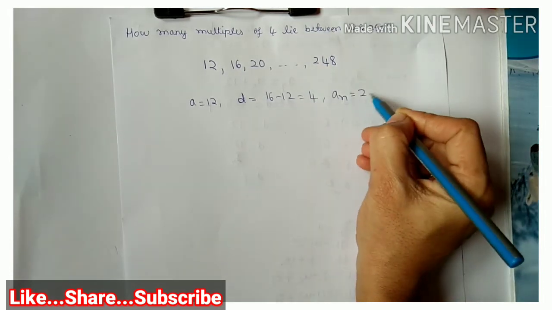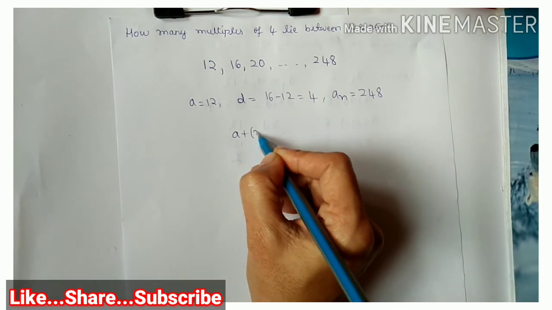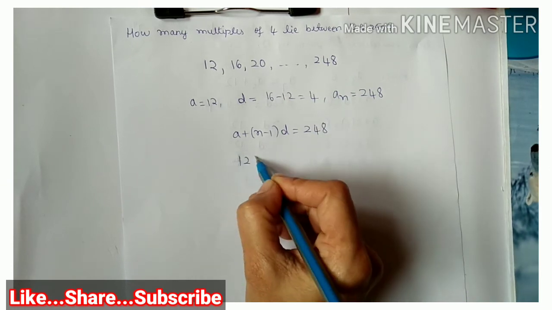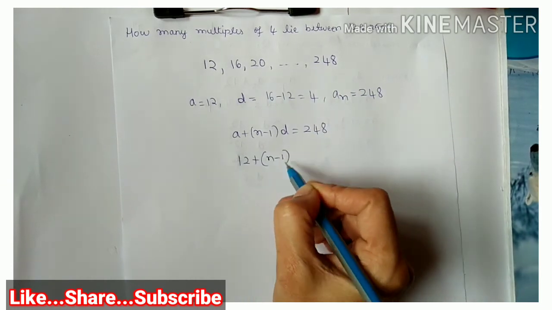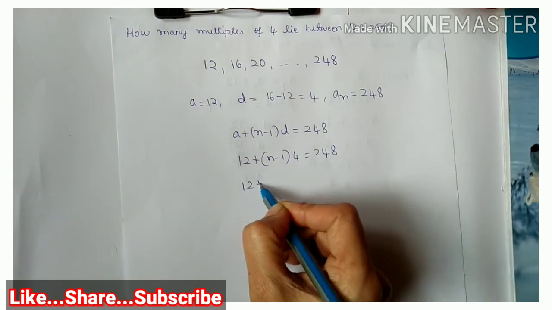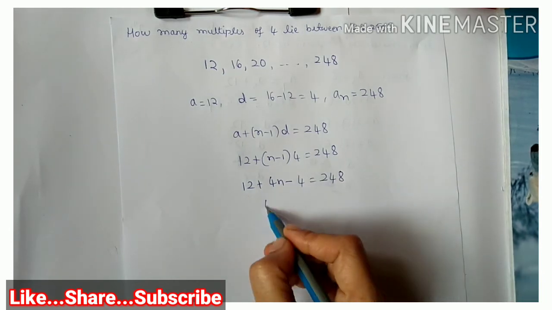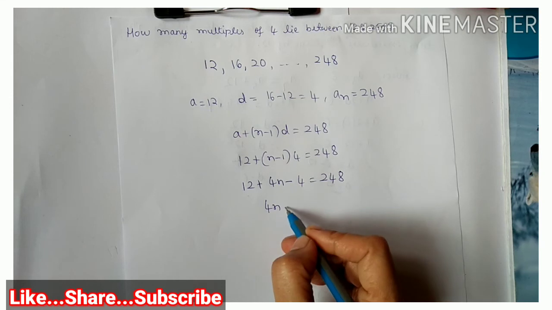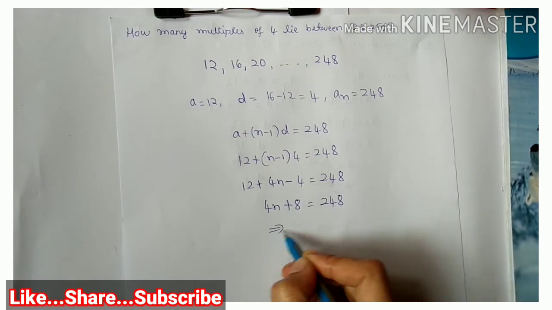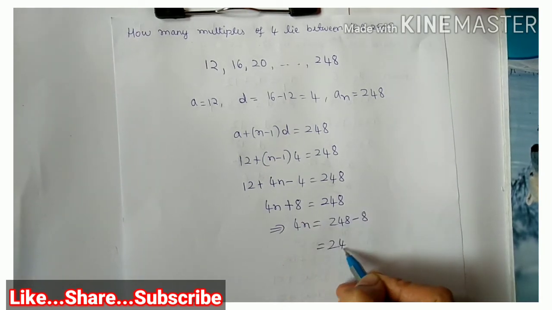The nth term of the AP, or last term, is 248. a plus n minus 1 into d is equal to 248. 12 plus n minus 1 into 4 is equal to 248. 12 plus 4n minus 4 is equal to 248, 4n plus 8 is equal to 248, so 4n is equal to 248 minus 8, which is 240.